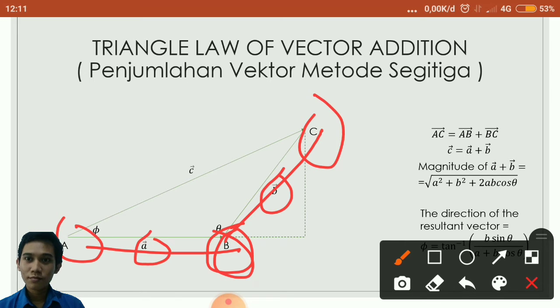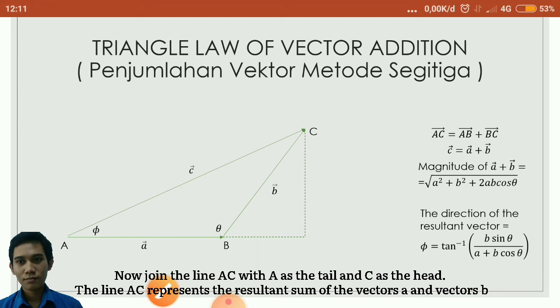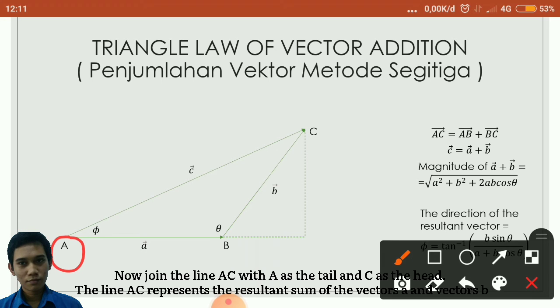Now join the line AC, with A as the tail and C as the head.